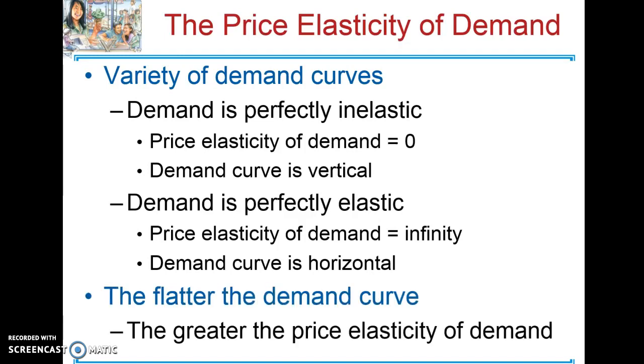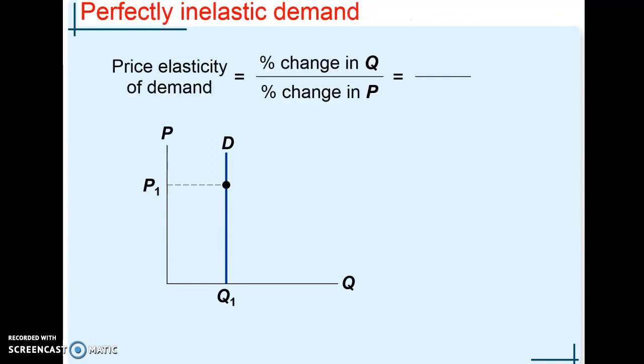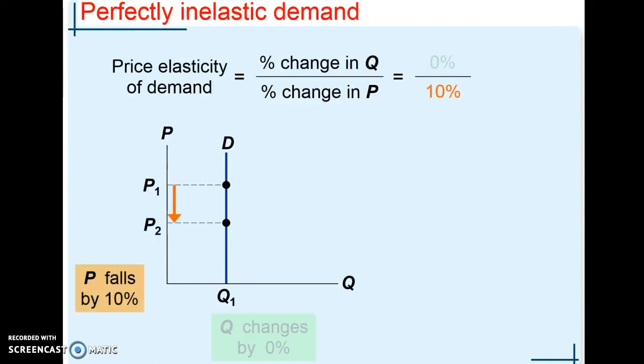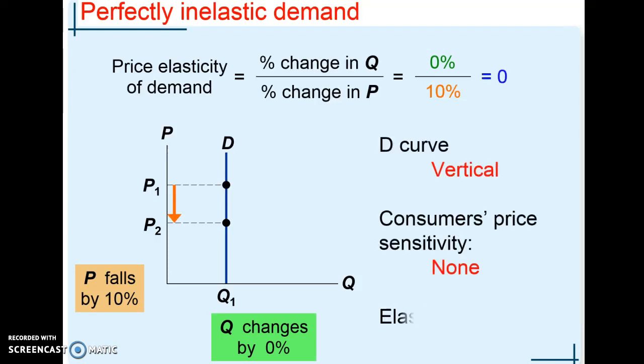So the flatter the demand curve, the greater the price elasticity of demand, or the greater the price sensitivity of demand. So here are those principles that were just stated. Here's the way the graphs would look.